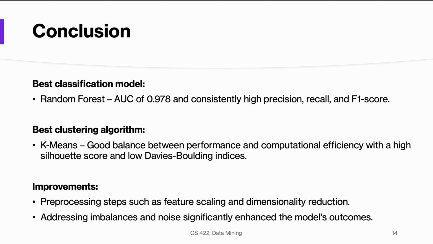Some improvements for the future are preprocessing steps, for example, feature scaling and dimensionality reduction, and also addressing imbalance and noise, to significantly enhance the model's outcomes, enhance interpretability of K-means clusters, as well as investigate more advanced sampling techniques for the CBC dataset.